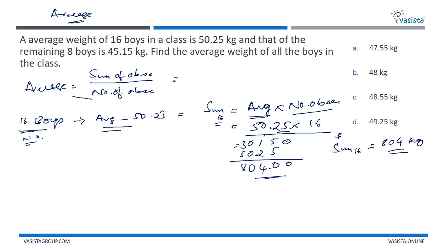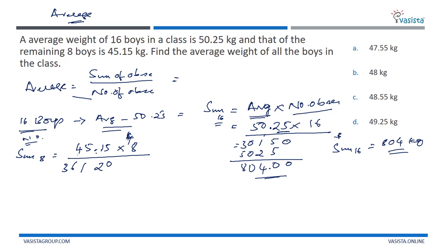Similarly, we will find the sum of the remaining 8 boys. Sum of 8 boys is equal to average, that is 45.15 into how many boys? 8 boys. Now multiply it. 8 5s are 40, 4 carry, 8 1s are 8 plus 4 is 12, 2, 1 carry. 8 5s are 40 plus 1 is 41, 4 carry, 8 4s are 32 plus 4 is 36.